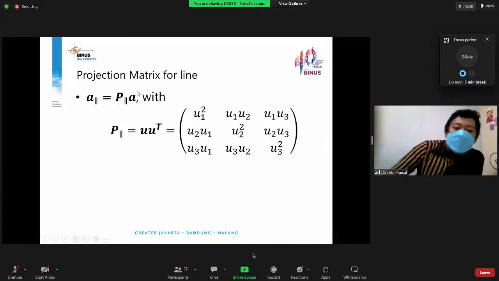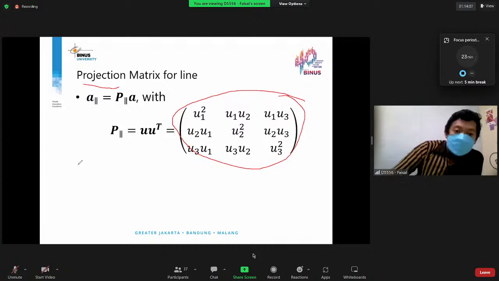Okay, this is the formula of the matrix of the projections. Just compute the matrix U times U transpose, and we get this matrix.